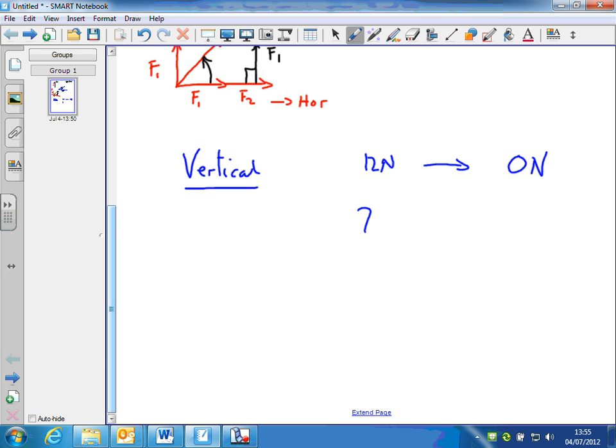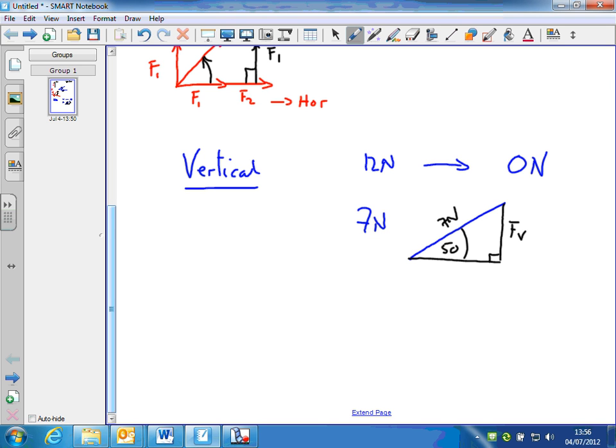7 Newton force, well, if we take this force, it's acting at 50 degrees to the horizontal. That's 50 degrees. This is 7 newtons. And we're after, effectively, the length of this side for the vertical component of the force. And you can see that this is trigonometry, right-angled triangle.